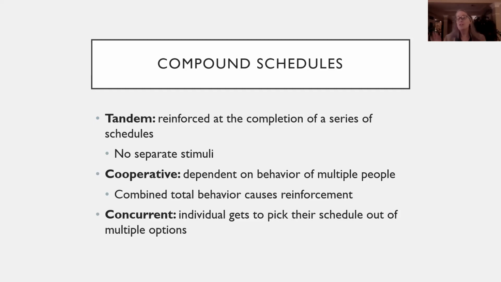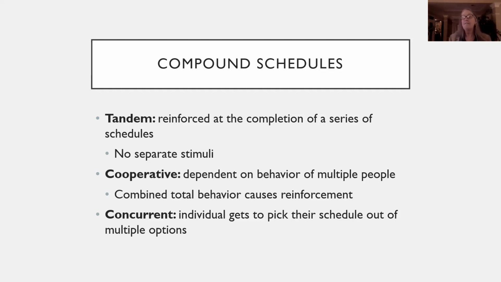So if you had a fixed ratio schedule of 5 on one side, and on the other side a fixed ratio schedule of 20, they spent all their time over here on the fixed ratio of 5 because they could get the same reinforcer for just doing 5 pecks, rather than being over here with 20.